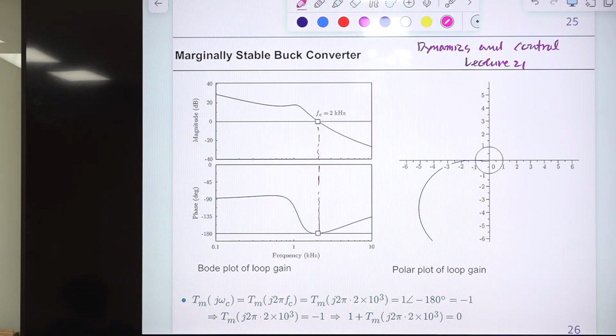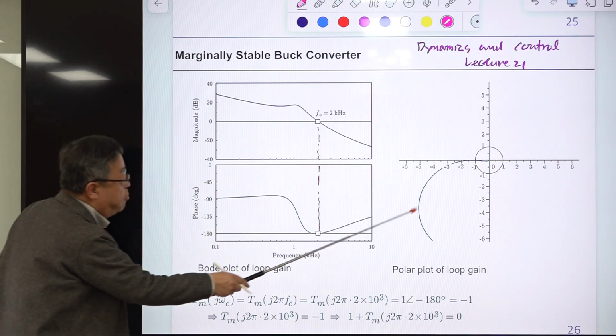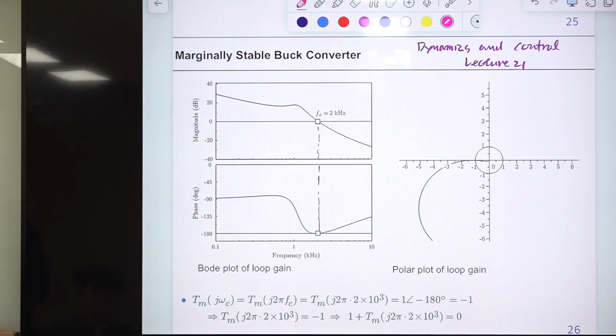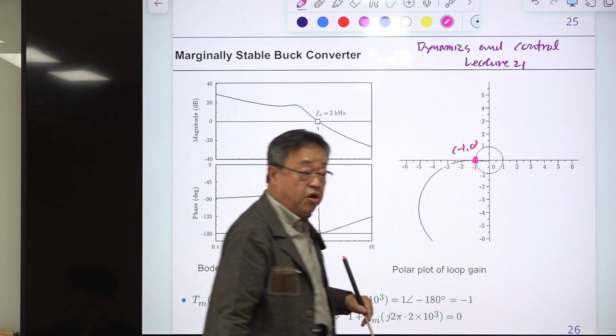That means the polar plot is just passing the critical point, which is minus 1, 0. So this loop gain is passing through this point, and this converter will generate sustained oscillation.